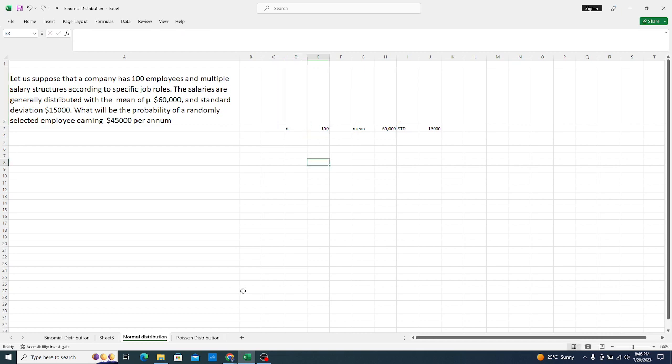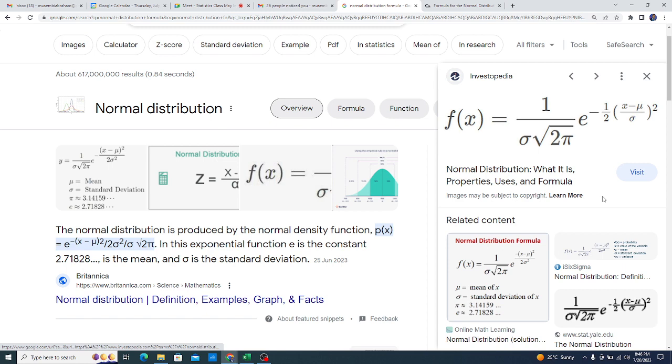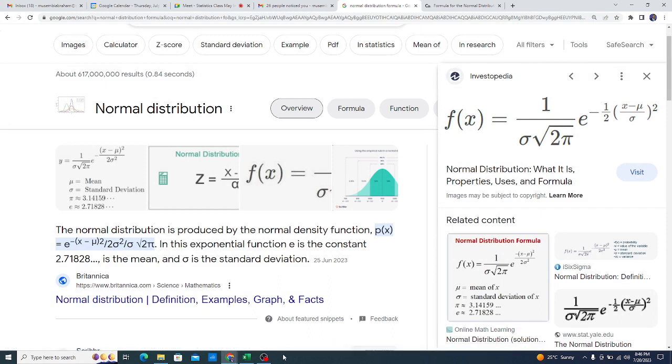Don't know why it is not picking, but I can as well do a screenshot. Let me just do a snippet of the formula.